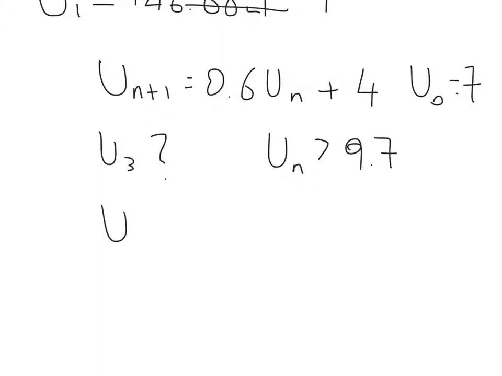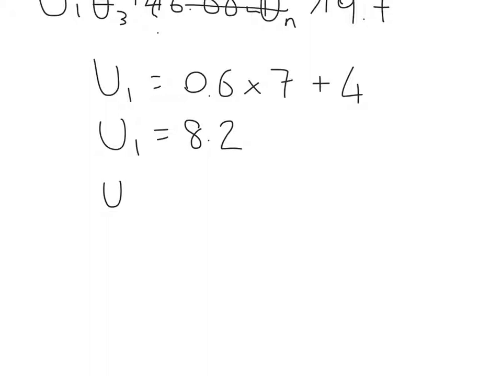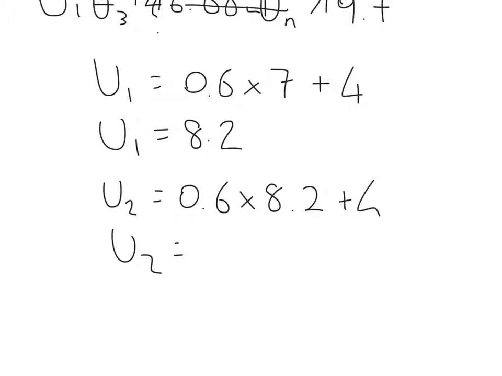Okay, so u1 would be equal to 0.6 lots of u0, which is 7, plus 4. So that will give me 8.2. I then repeat the process, so u2 will be equal to 0.6 lots of u1, which is 8.2, plus 4, which will give me 8.92.